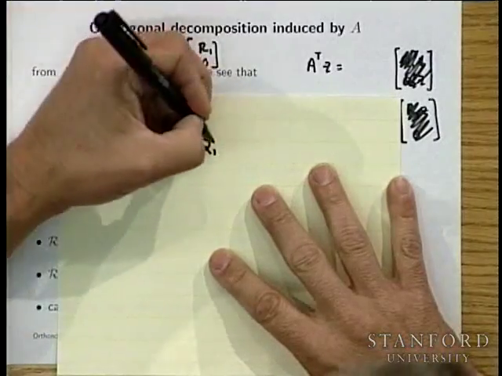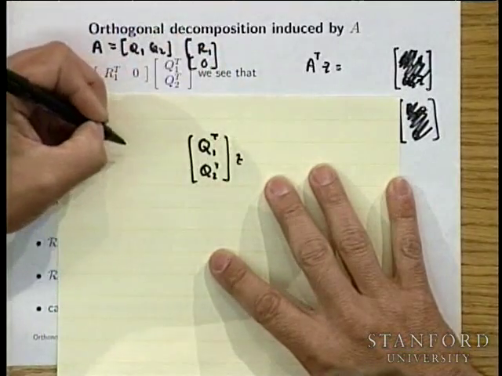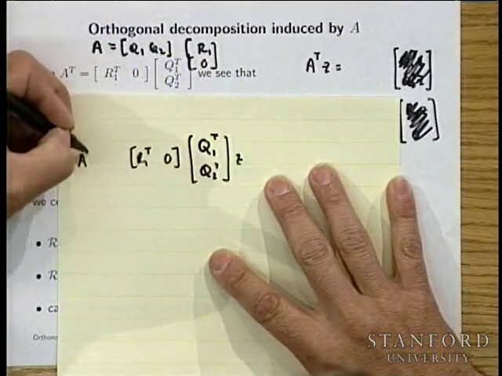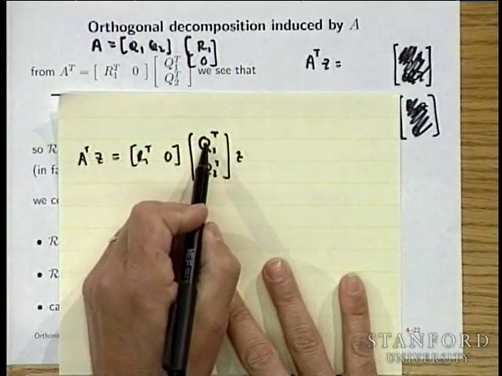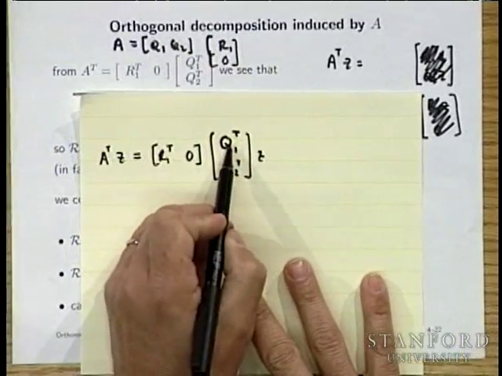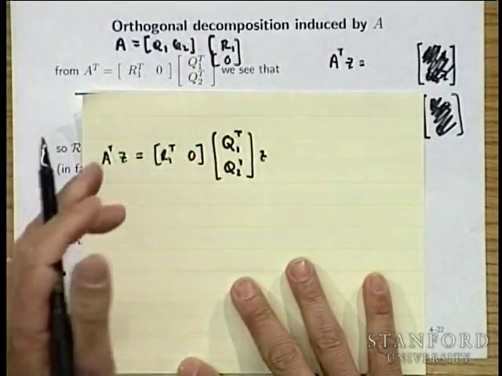Okay, let's try it again. We're just going to go slow here. R1 transpose 0. Okay, there we go. A transpose Z is this. So the first thing we do is calculate Q1 transpose Z and Q2 transpose Z. Q1 transpose Z gets multiplied by R1 transpose and actually causes something to come out.